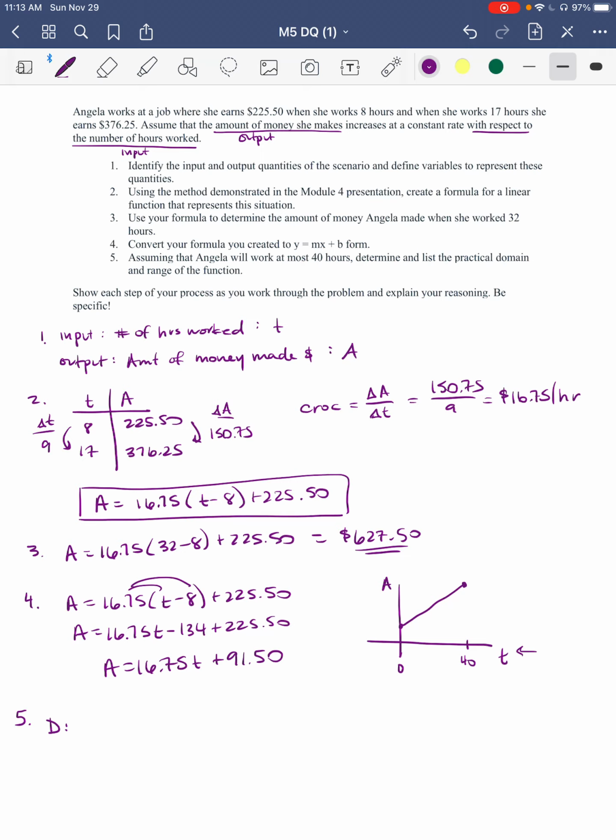By the way, this point right here is (0, 91.50), which we can get from my y equals mx plus b form. And up here, the most she's going to work is 40 hours. Then we'll need to find out how much money she made here. So we'll come back to that in a second. But for my domain, it's going to be 0 is less than or equal to t.